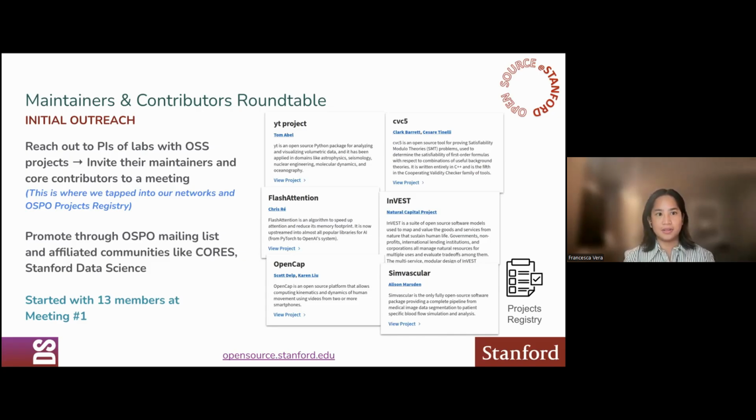So it was very much us trying to temper our expectations, but also being very welcoming to anyone who was curious about this new initiative and anyone who was interested in meeting other people in similar roles, albeit working on different research projects.